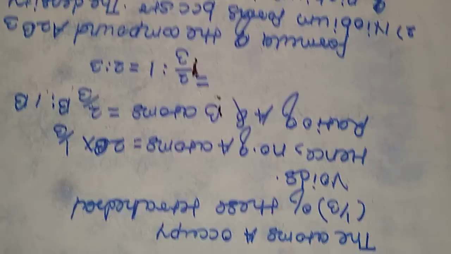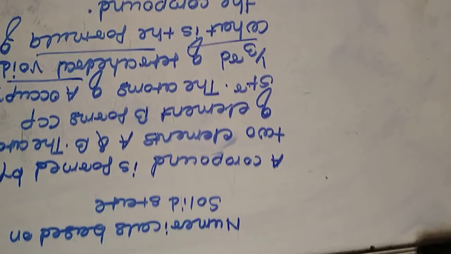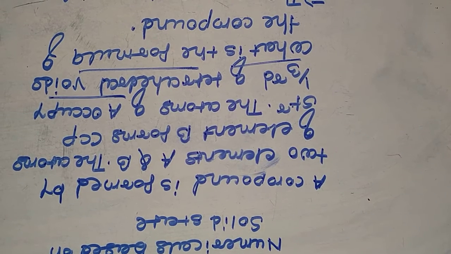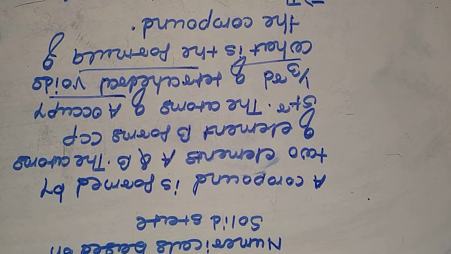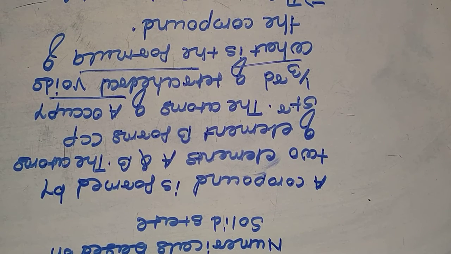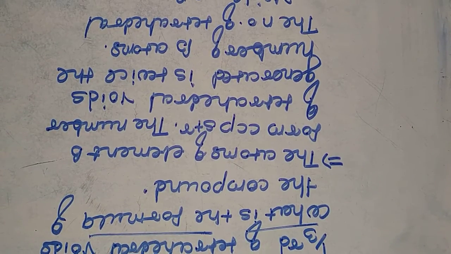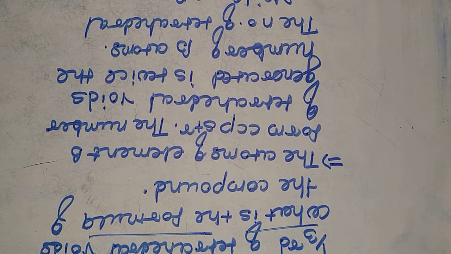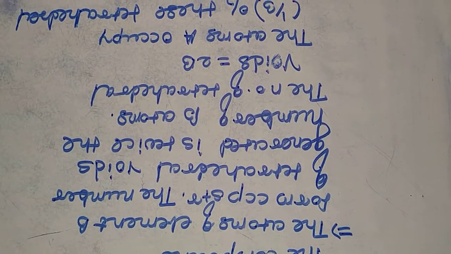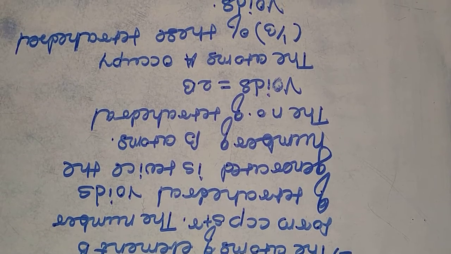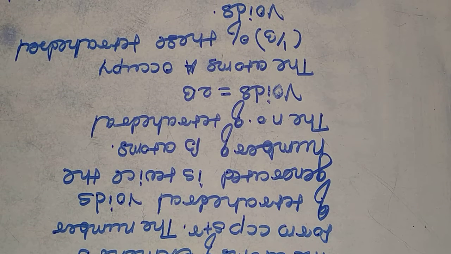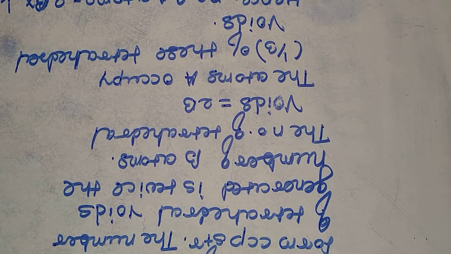I will explain again. The compound is formed by two elements A and B. The atoms of element B form CCP structure. The atoms of A occupy 1/3 of tetrahedral voids. What is the formula of the compound? The number of tetrahedral voids generated is twice the number of B atoms, equal to 2B.